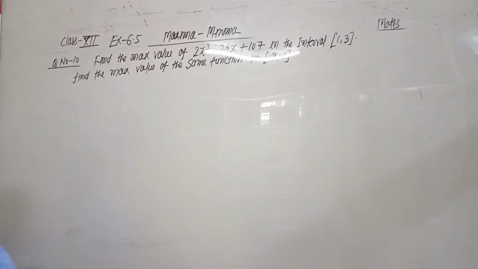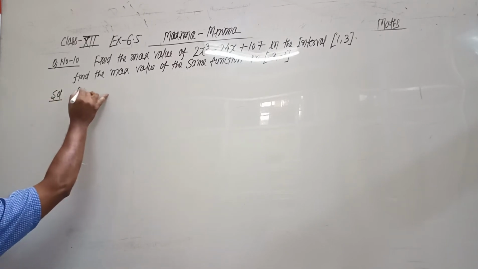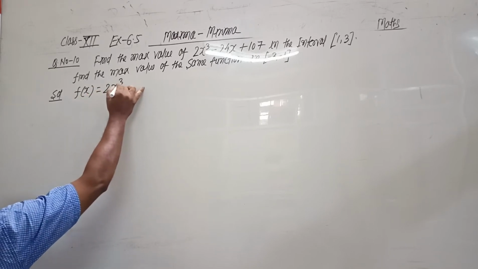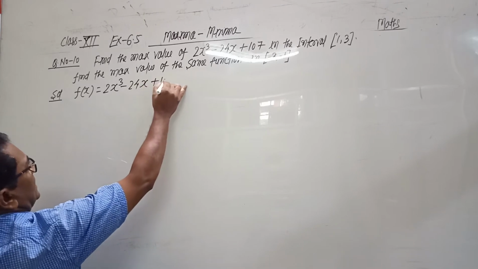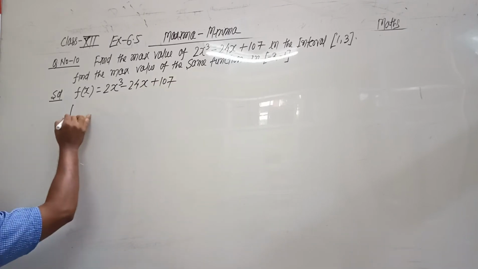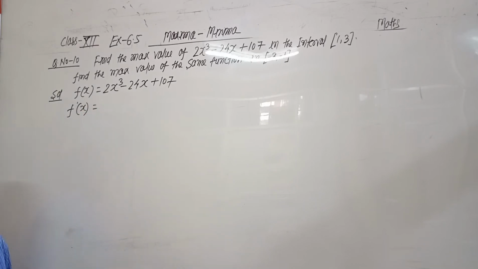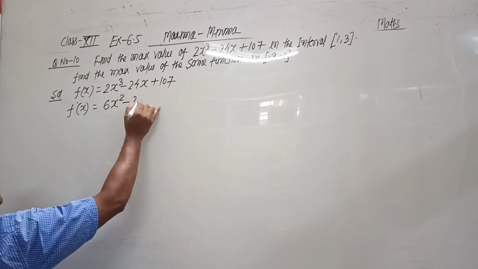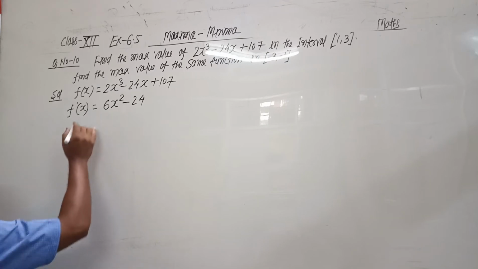So, firstly, we differentiate the function, and the function is f(x) equals 2x cube minus 24x plus 107. Find f dash x. Differentiation of x cube is 3x square. So we get 6x square minus 24, and differentiation of 107 is 0.